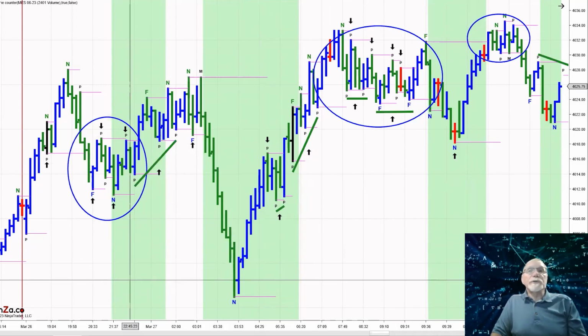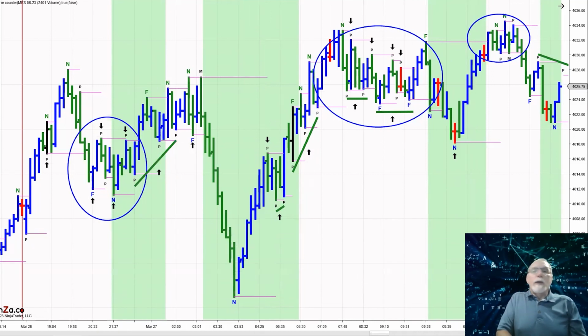The background colors, green or white. White designates that momentum is up, green down. Now, all the colors on these charts are controlled by you. You can make these any color that you want. I've just used these colors forever. These aggravate most people because they're the exact opposite of what they're used to. I've done this from the very beginning on purpose to be the exact opposite of everybody else.